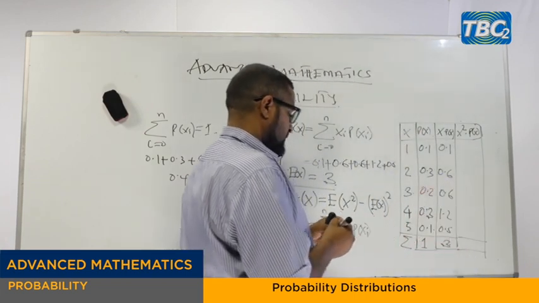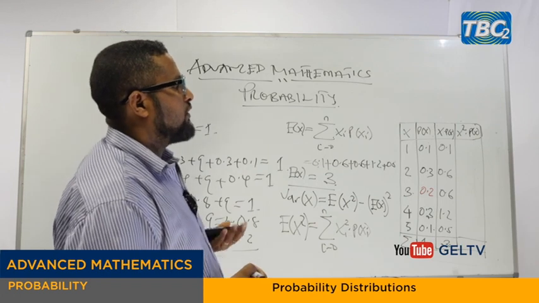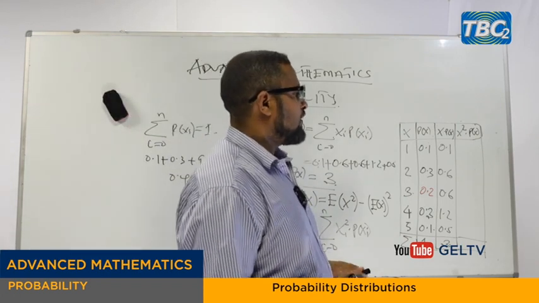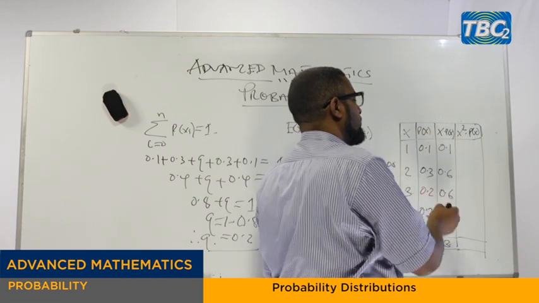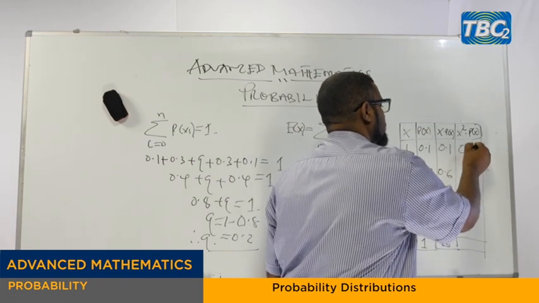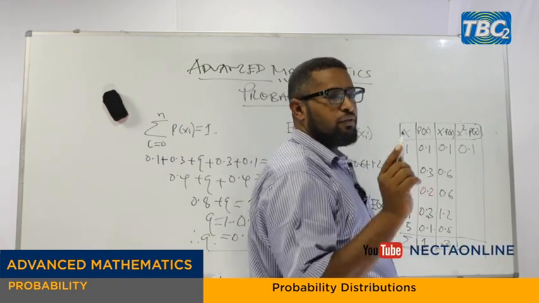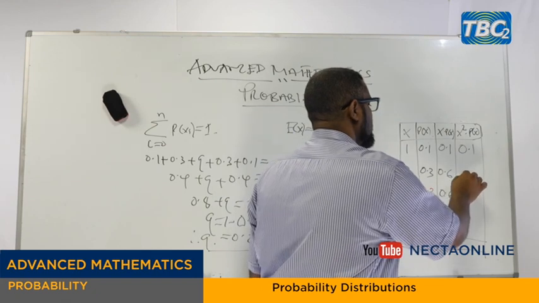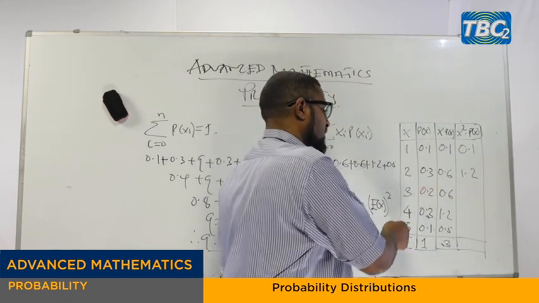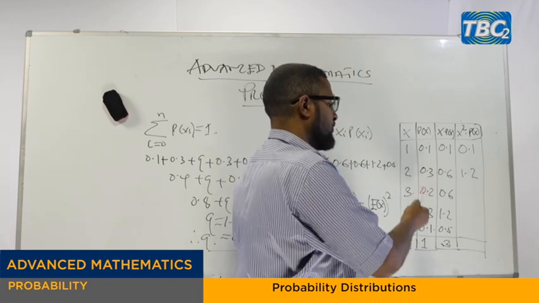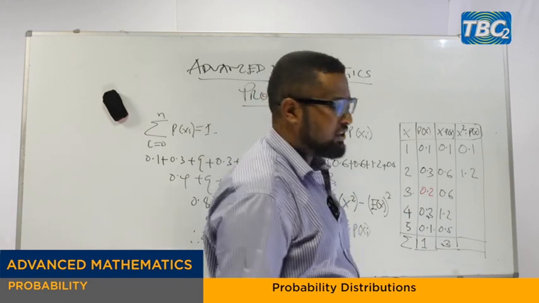Thereafter, use your calculator to fill that part of the column. Now, as you know, because variable here is square, so it's 1 square times 0.1, this will give us 0.1. 2, when you square, you get 4 times 0.3, you get 1.2. When you take 3 square times 0.2, 3 square is equal to 9, times 0.2, you get 1.8.